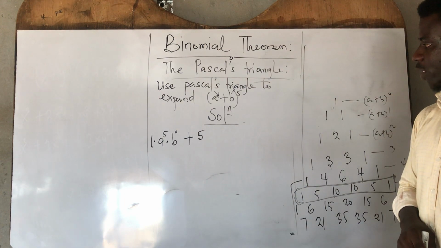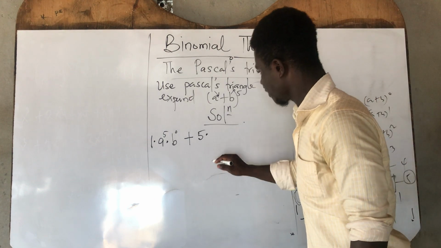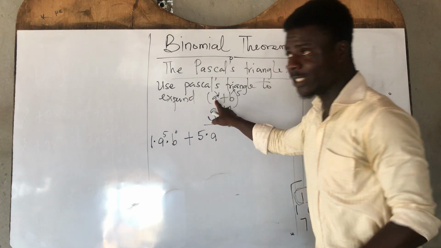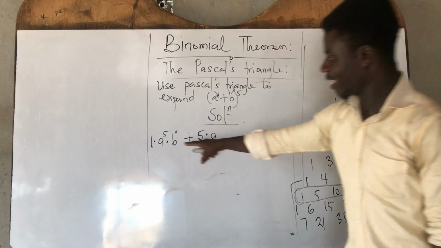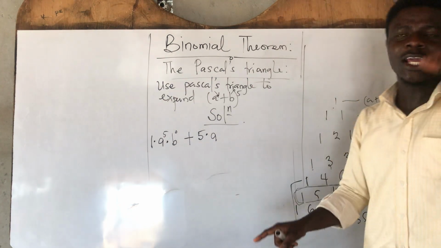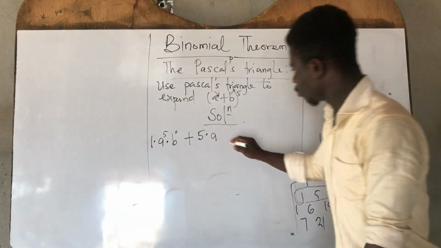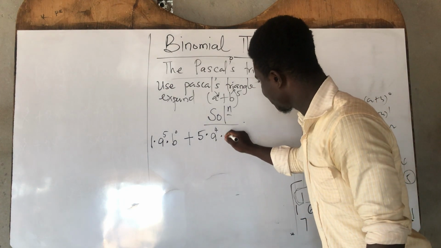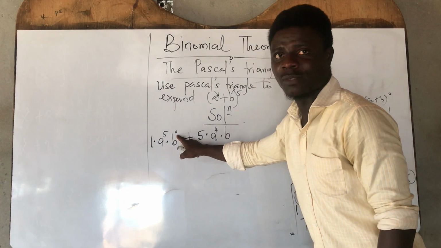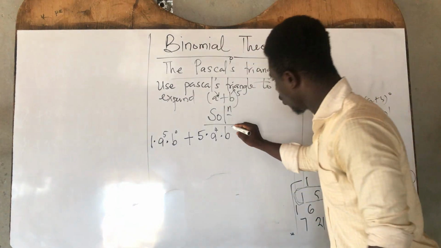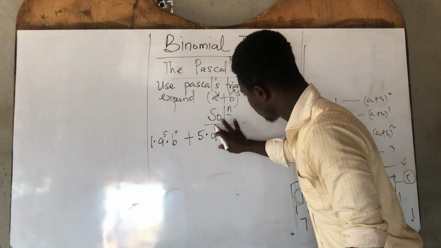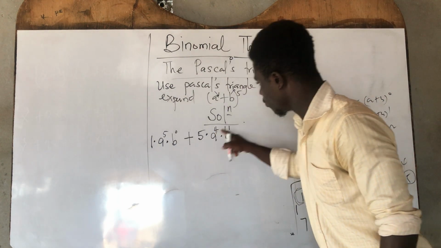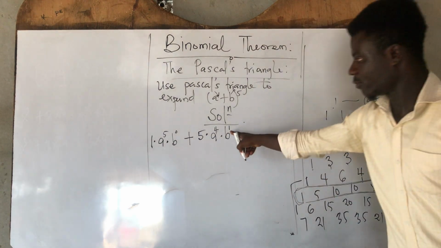That's the second coefficient. 5 times this a. I told you that it is decreasing. It started from 5, so it will decrease by 1. So we get 4, right? Then times this b. It started from 0, it is increasing, so you add 1 to this 0, which is 1, right?